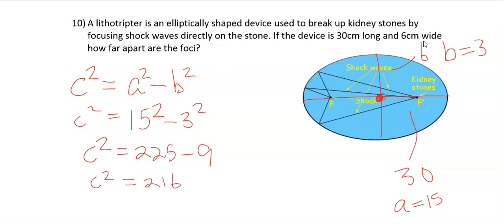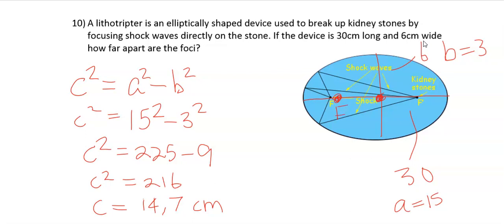Now you could give the answer there as a simplified radical if you wanted to, or you could even just give it as a decimal. If you take the square root of 216, I think you're going to get about 14.7, and that's centimeters. So that's the distance from the center to one focus, right there.